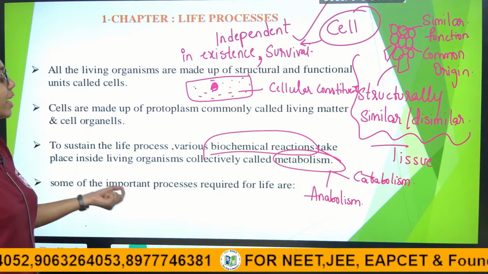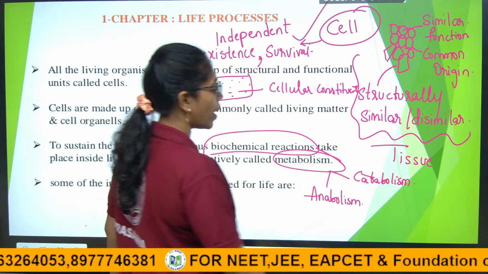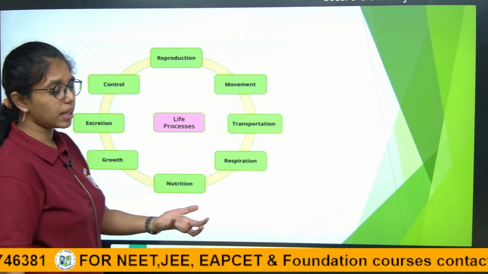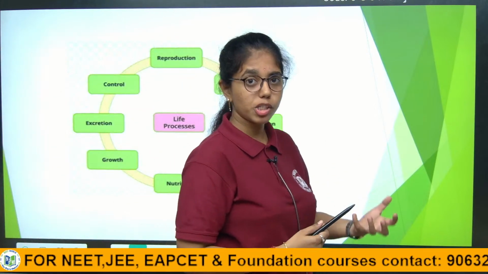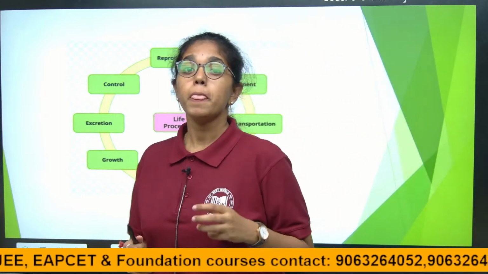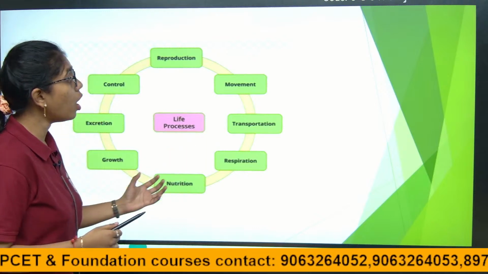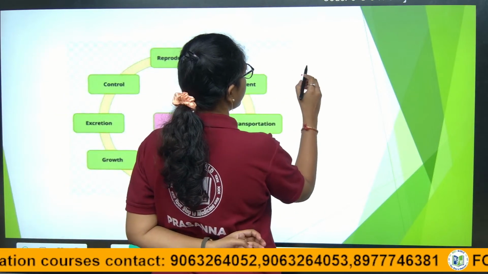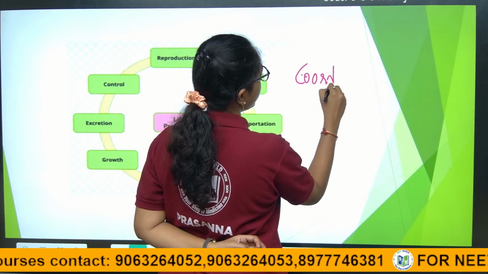Some of the important processes required for life are nutrition, respiration, reproduction, circulation, transportation and coordination. All these life processes are coordinated in function.